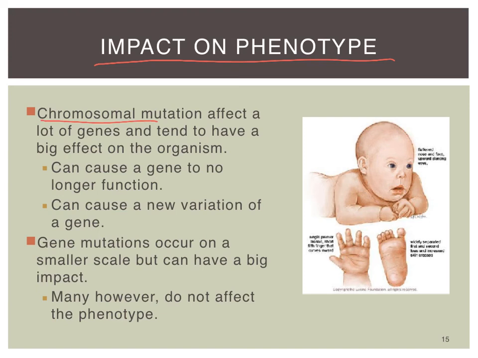Chromosomal mutations can affect a lot of genes, and as a result can have a large effect on the organism. It can cause a gene to no longer function, or it can cause a new variation of a gene. Gene mutations occur on a smaller scale, but can still have a big impact on the phenotype. Many of them, however, don't affect the phenotype at all.